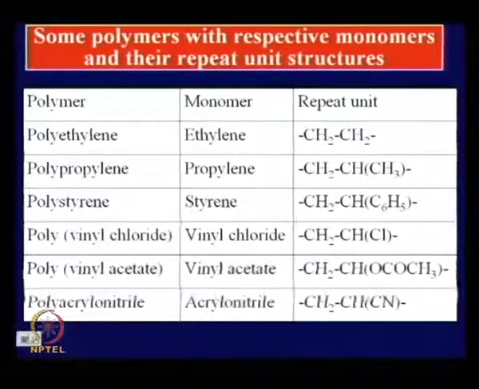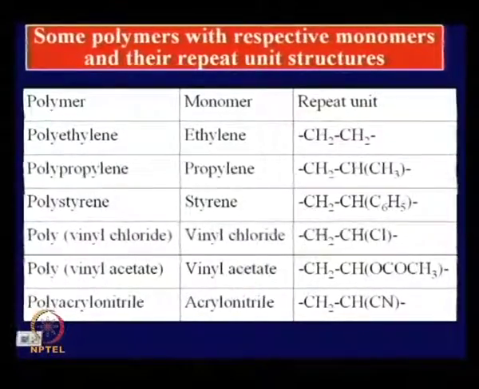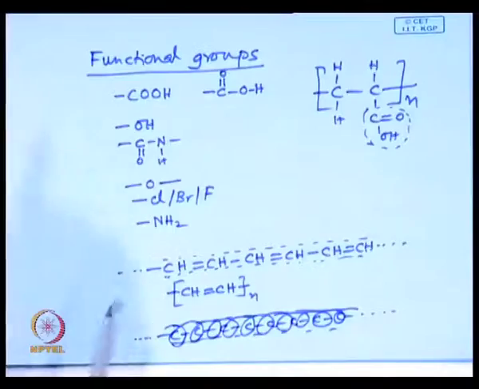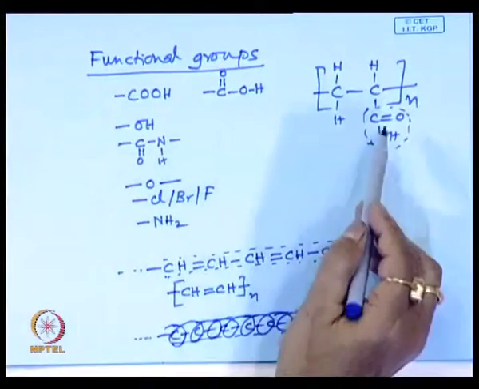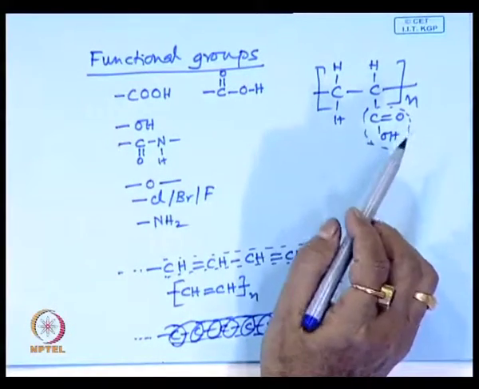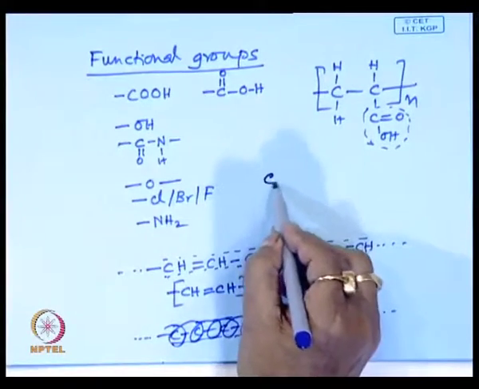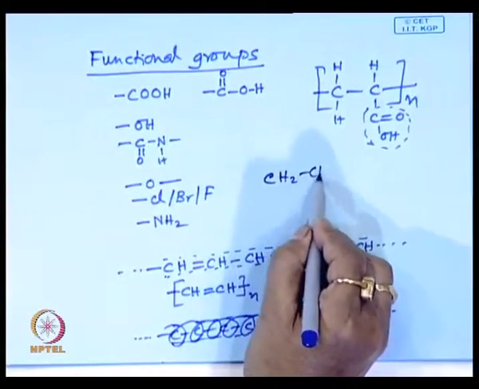Here are a few examples of polymers, these are few only, we will come across a large number of examples. The easy way to remember the repeat unit formula of these polymers is to start with the ethylene molecule, CH2=CH2.